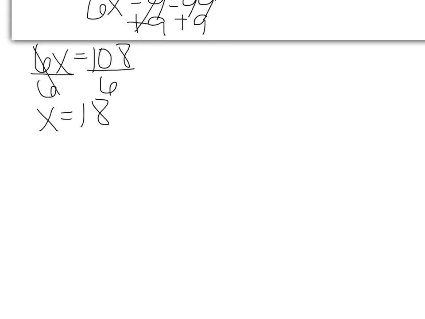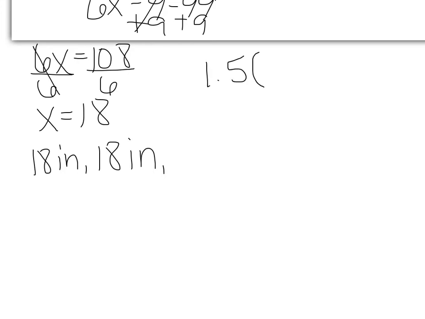Now you're not done because they want you to plug back in and find out what the sides are. So you know that 2 of your sides are just 18 inches. Now your 2 bases, you're going to need to plug back in for that. So you have 1.5 times x, which is 1.5 times 18, which is 27.